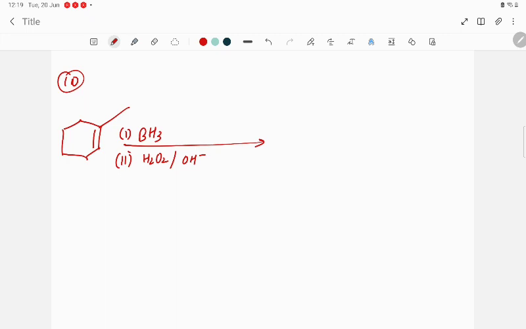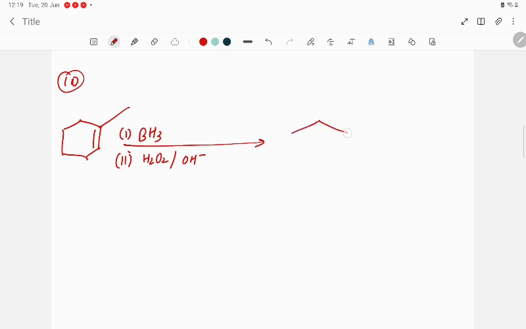Now let us move on to problem number 10, student. Here the double bond is there, student. BH3 is the first condition, and the second condition is H2O2, friend, in the basic medium, dear student.